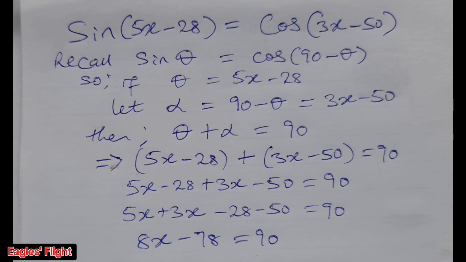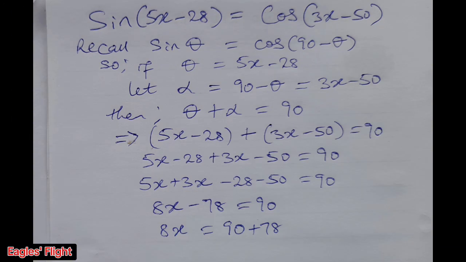When we take minus 78 to the other side to meet 90, the moment it crosses over, it becomes a positive 78. So we have 8x equals to 90 plus 78.